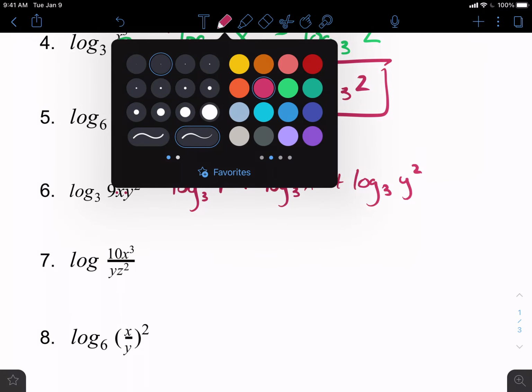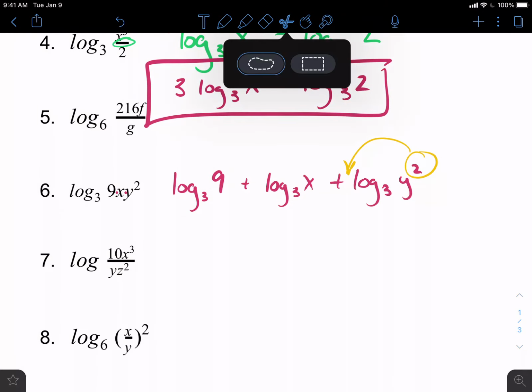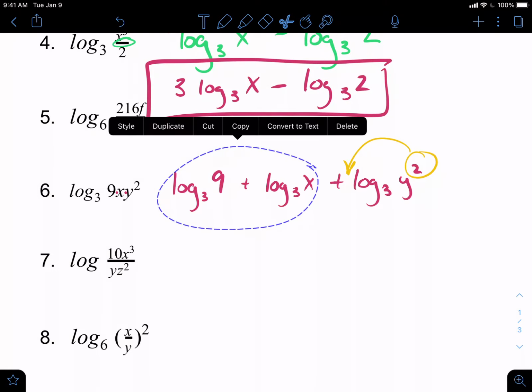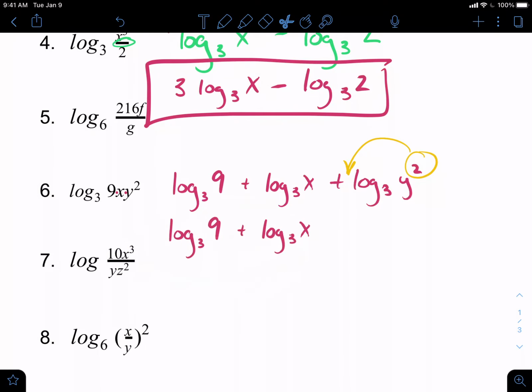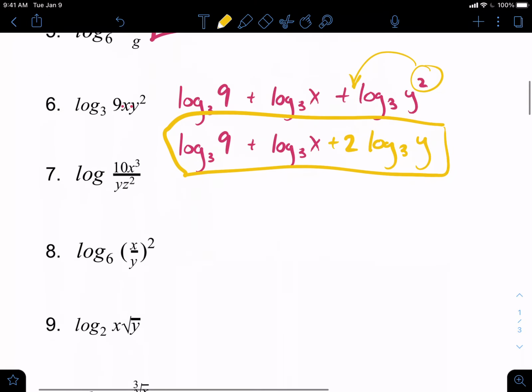And yes, since that does have an exponent, that exponent needs to be pulled down in front. So everything here is going to remain exactly the same. And then in front, we're now going to have plus 2 log base 3 of y, which will be our final answer.